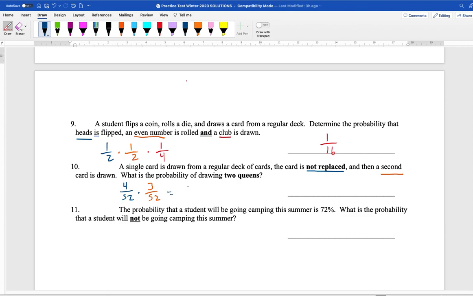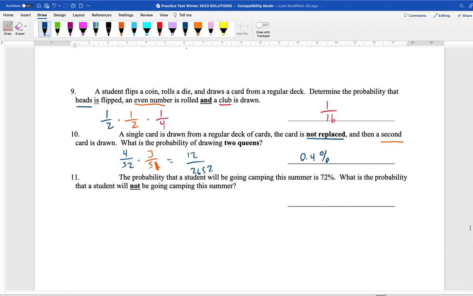Which equals 12 over 2652, which equals about 0.4%. Okay.